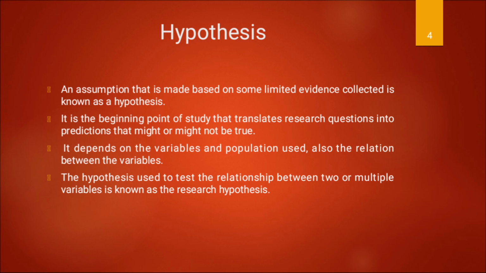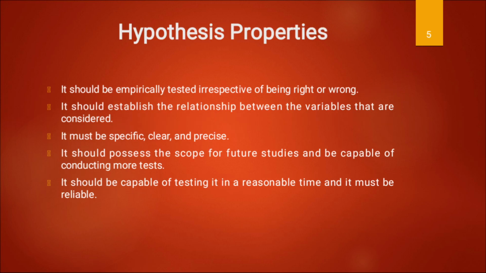A hypothesis used to test the relationship between two or more variables is known as a research hypothesis. The properties of a hypothesis: it should be empirically tested, irrespective of being right or wrong. It should establish the relationship between the variables that are considered.